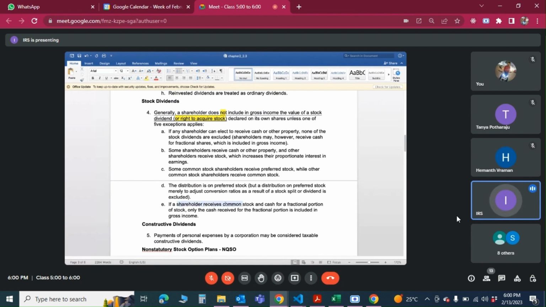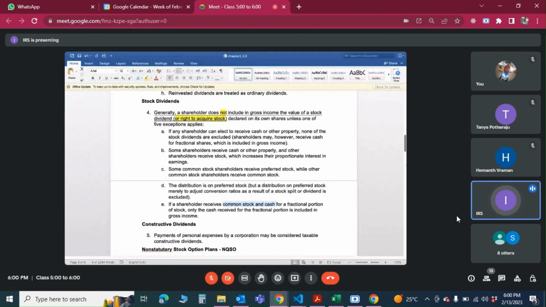If a shareholder receives common stock and cash, again the shareholder is receiving stock as well as cash. So if the cash element comes in there, it will all be considered taxable. If it's a very simple and straightforward thing where all the shareholders of the company get stock dividends in the same proportion, so if you're holding 10,000 shares, you will get 1, and if you're holding 100,000 shares, you will get 10, so basically you're getting 1% or 10%.